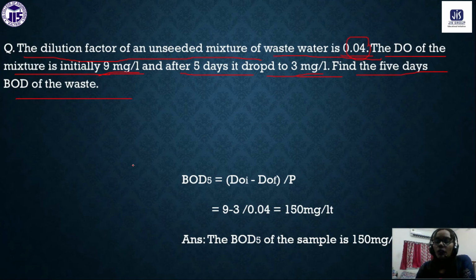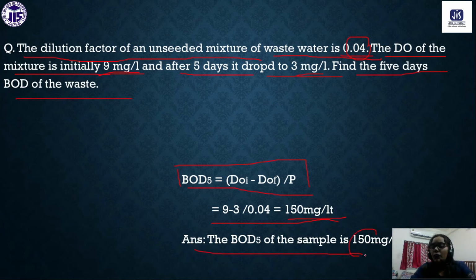But all these data are not given in this question, so we have to use the previous BOD test, equation number 1, that is BOD5 equals DOI minus DOF divided by P. So 9, the initial value, minus the final value 3, 9 minus 3 divided by 0.04, and that is 150 milligram per liter. So the answer is the BOD5 of the sample is 150 milligram per liter.